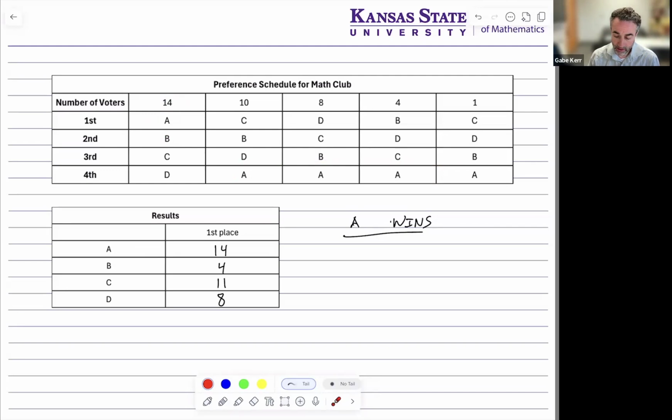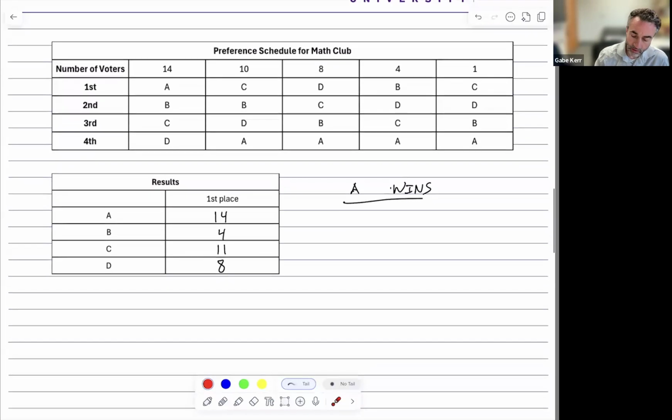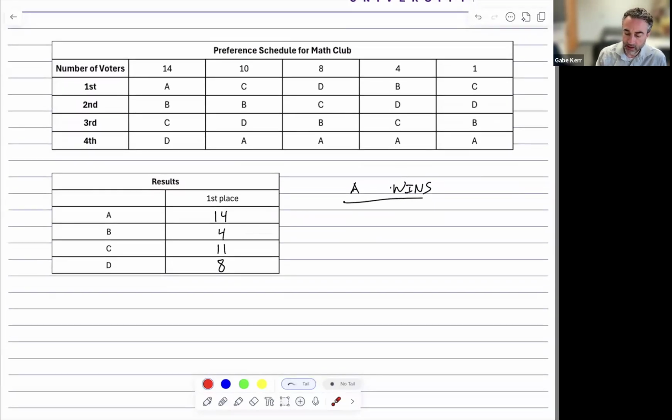On the other hand, if we look at some of the other candidates, we might be able to find a candidate that's doing a little better than A. So what I'm going to ask now is, again, can we find a Condorcet candidate for this case?